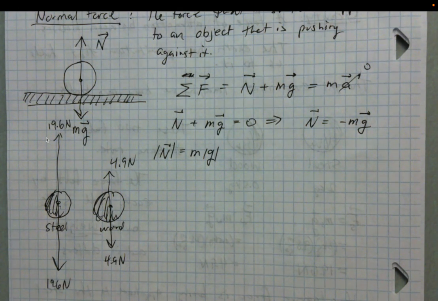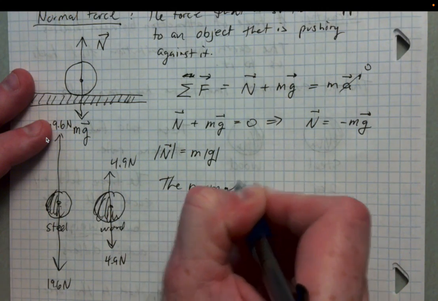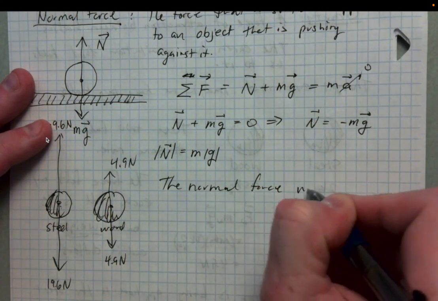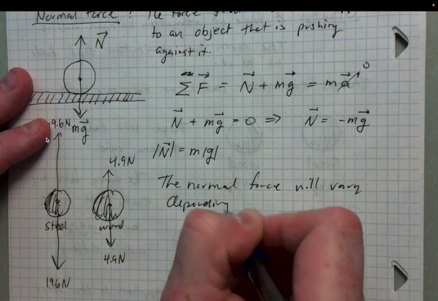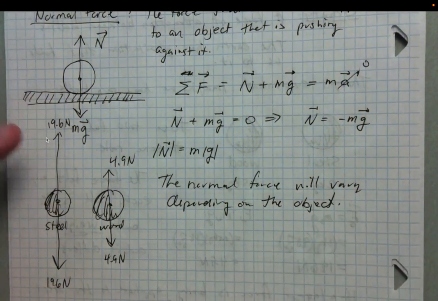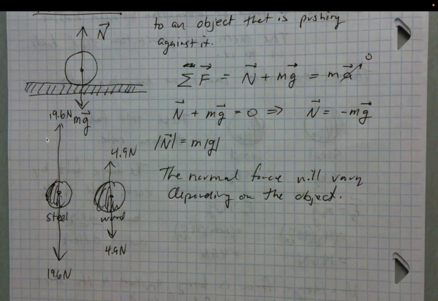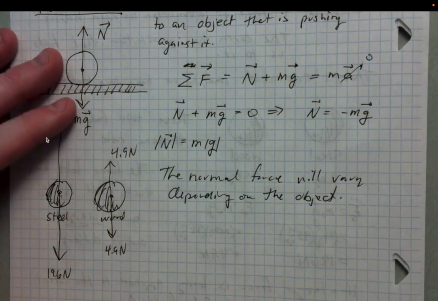It'll actually compress a little bit. So the normal force will vary depending on the object, but it's not like it's consciously thinking about what object is in contact with me, how much normal force do I need to apply. The best way to think about it is to think of it like an extremely stiff spring.